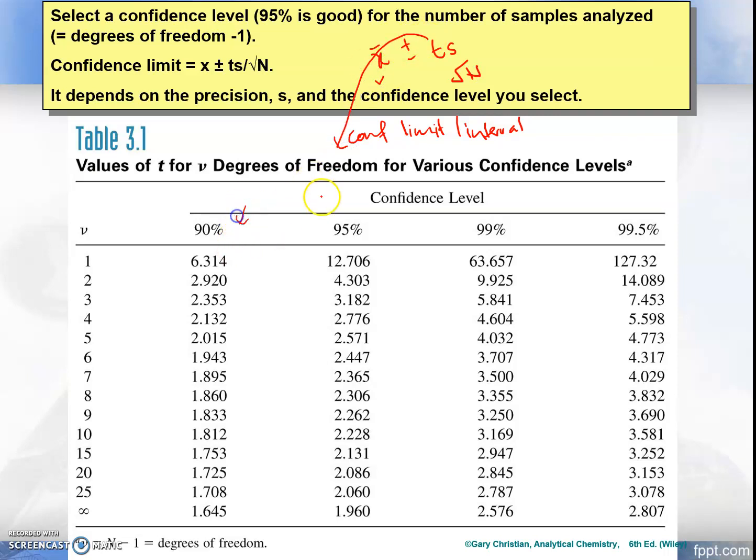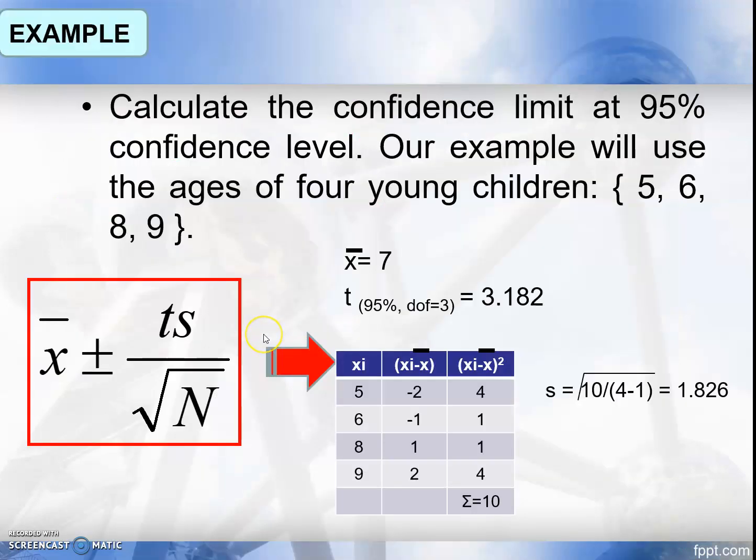Tengok percentage confidence given in statement question and then degree of freedom. So if sample 4, you kena cari degree of freedom berapa? 4 minus 1 is 3. Look at 3 at how many confidence. Okay, pada table sahaja you look at the degree of freedom, sample reduced by 1, and the percentage confidence, untuk dapatkan T value here.